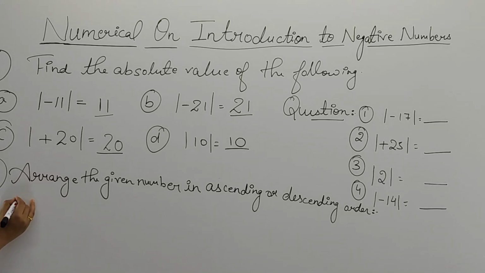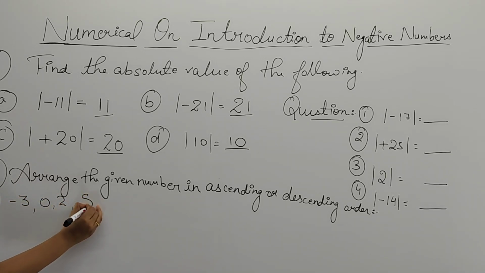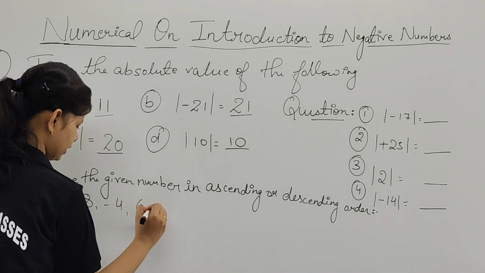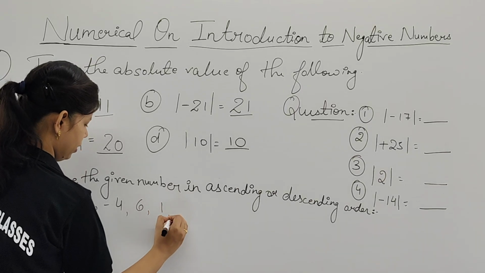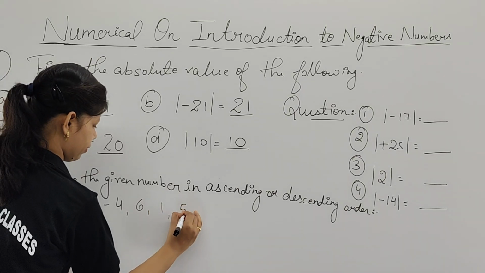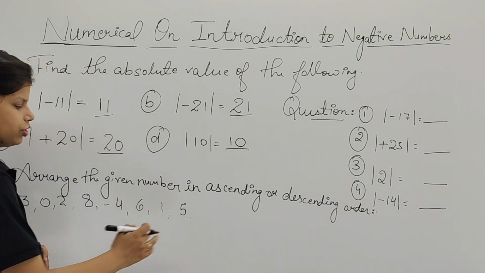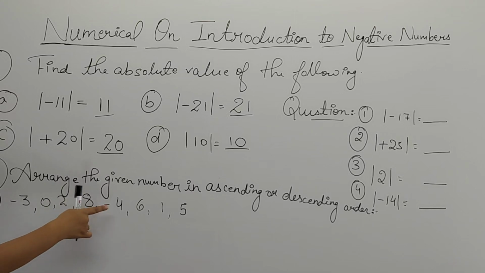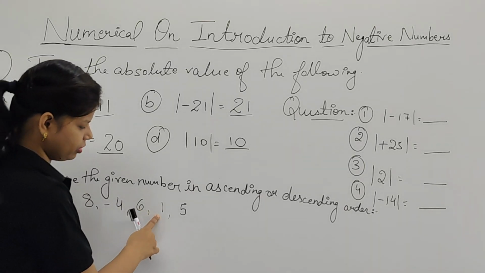Your questions are minus 3, 0, 2, 8, minus 4, 6, 1 and positive 5. Suppose this is your number series. You can see this series is a combination of negative, positive, positive, positive, negative, positive, positive, positive.